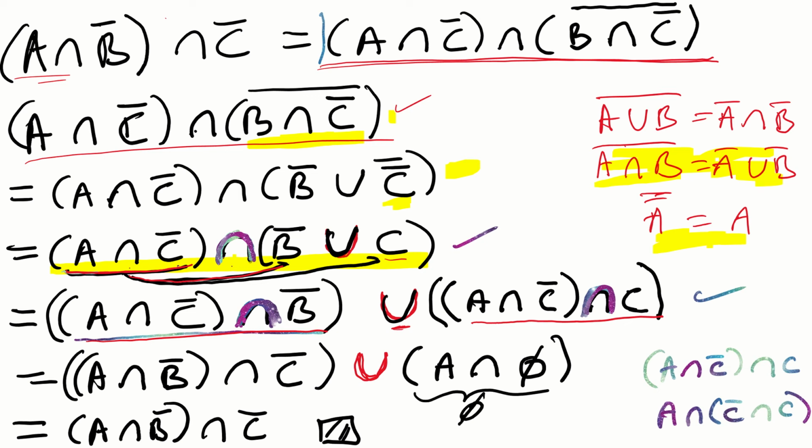And when you distribute that, you can see that you are going to have a C intersection C complement. So based on what we have in your lecture note, this is going to be the empty set. So that's why we get this empty set here. So basically this expression is the same as this, and from here we got the empty set. That's what we have here.